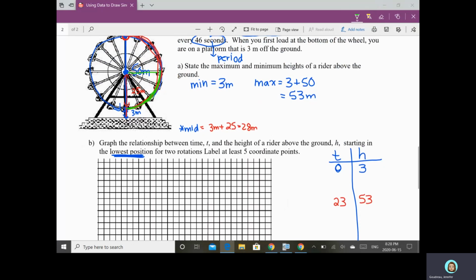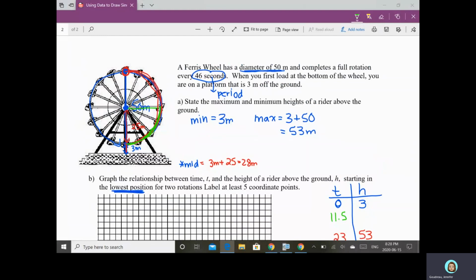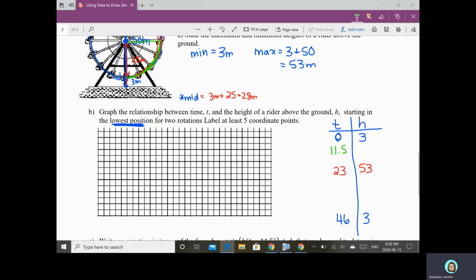A quarter of 46 ends up giving us 11.5. You could also think of it as we are halfway in between 0 and 23 seconds, because it takes us 23 seconds to get halfway around. So a quarter of the way would be halfway to 23, which is 11.5. What's our height there? Well, we calculated that. Our height at the center is the 28.